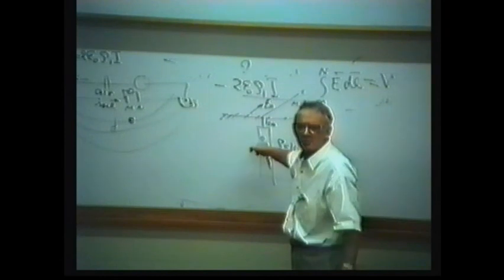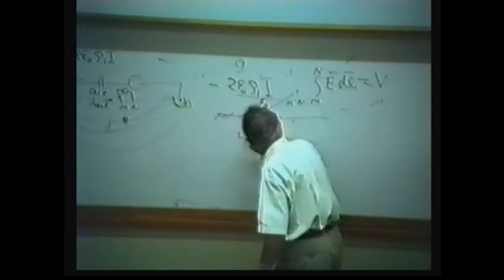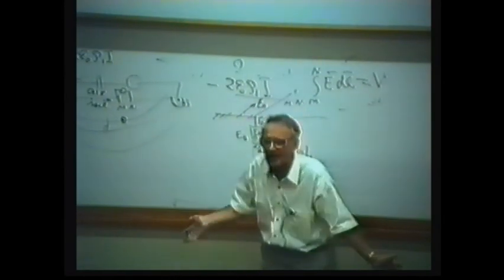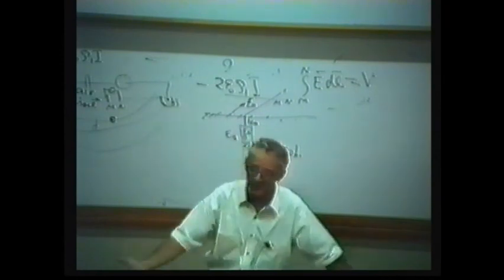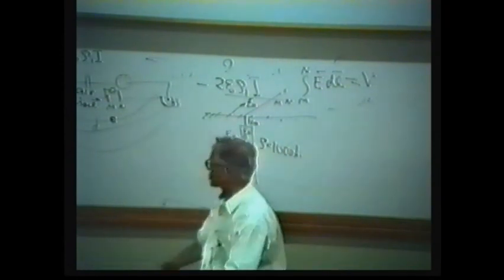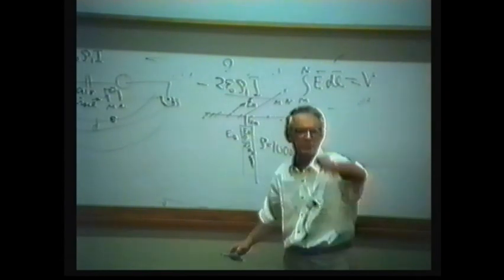Why? Because primary electrical field everywhere, inside primary electrical field, outside primary electrical field. There is no secondary electrical field, no charges, no secondary field. Since conductivity is very high, flux of current will be huge.